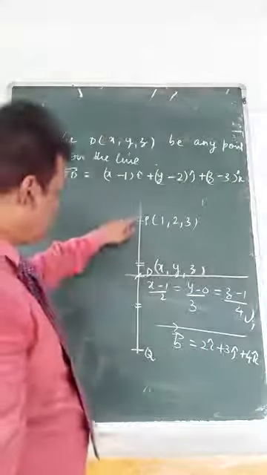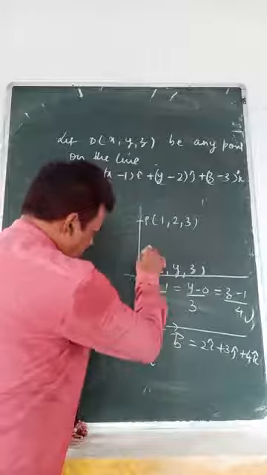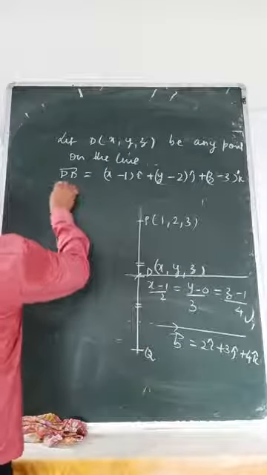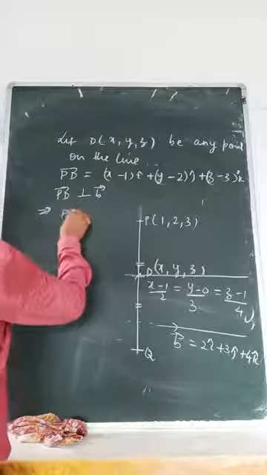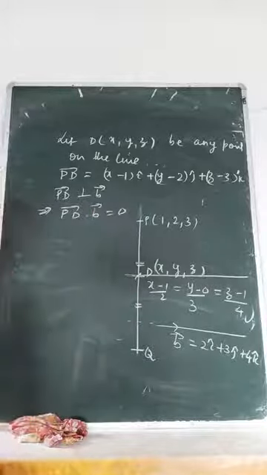So what is the relation now between PD and the b vector? They will be perpendicular. You can write here PD is perpendicular to the b vector, so PD dot b vector equals 0.